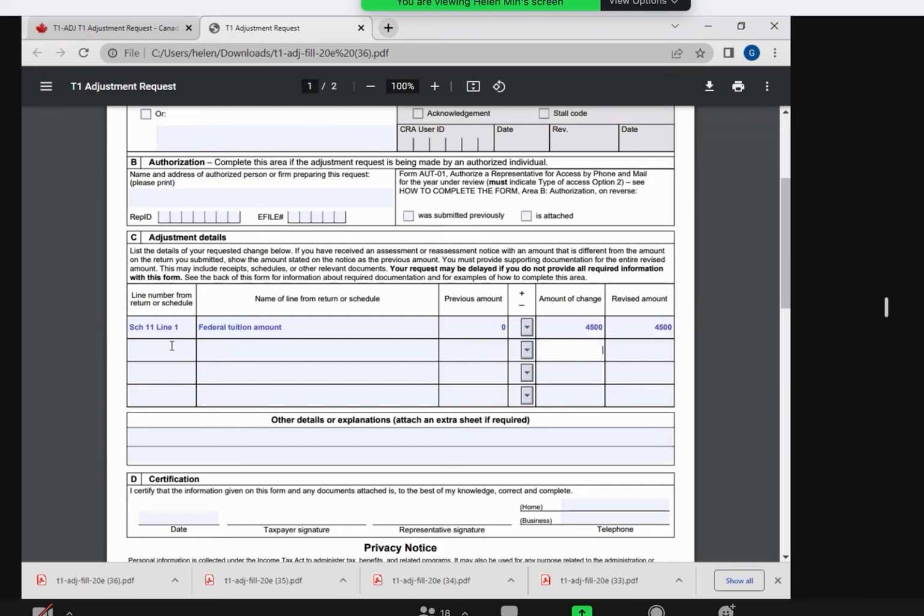That's easy. Okay, then I said you go to schedule 11 line 1, then the schedule 11 line 4. So schedule 11 line 4 is Canada training credit, right?